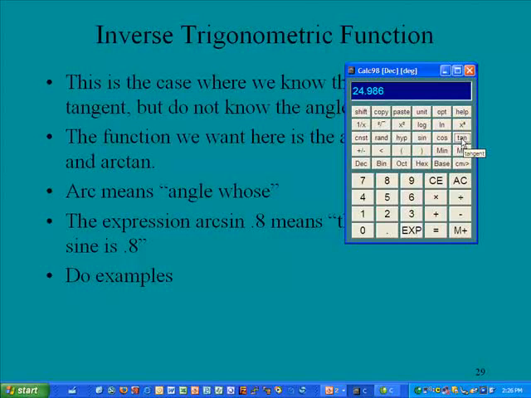Let's do just one more, the arcsine, and this is going to be of the value 0.0872. We want the arcsine, and here it is, indicating 5. And these would all be degrees that we're looking at.